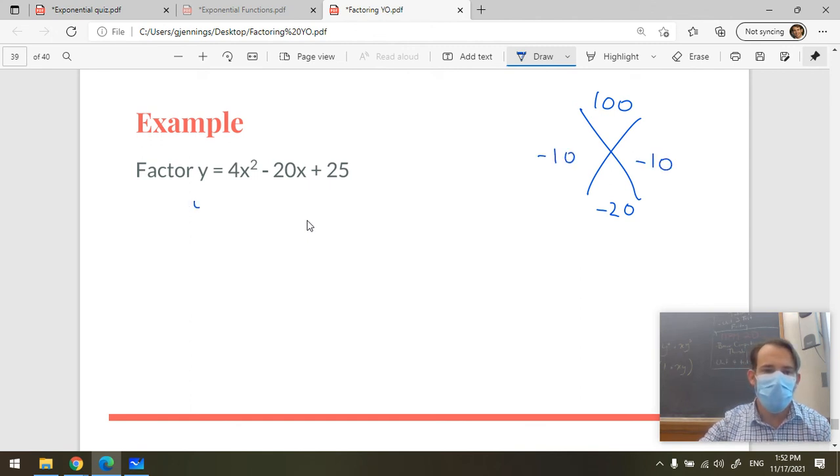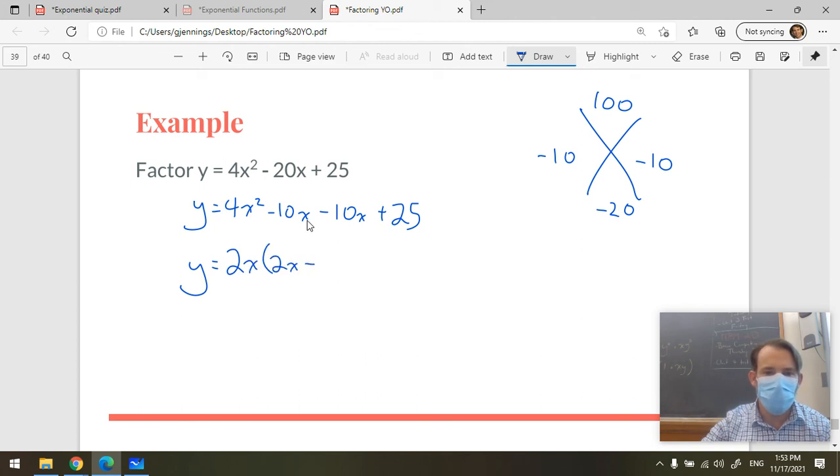Okay, so this would be y is equal to 4x squared minus 10x minus 10x plus 25. 4x squared minus 10x, factor that. Out comes a 2x. 2x times (2x minus 5). And then factor this.